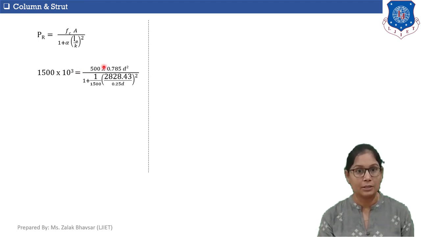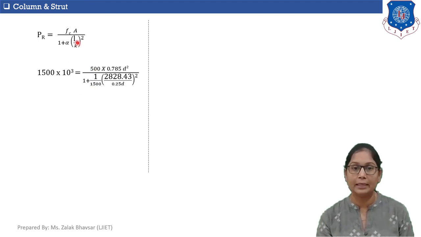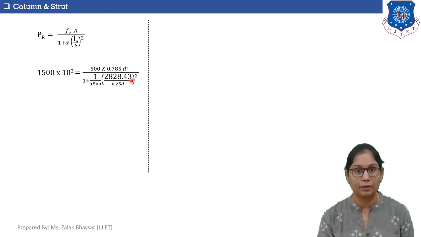Now FC, which is given 500, area as we calculated, is 0.785 D square upon 1 plus alpha. Alpha is given 1 upon 1500. Now LE, as we calculated, is 2828.43. And K we calculated is 0.25 D.